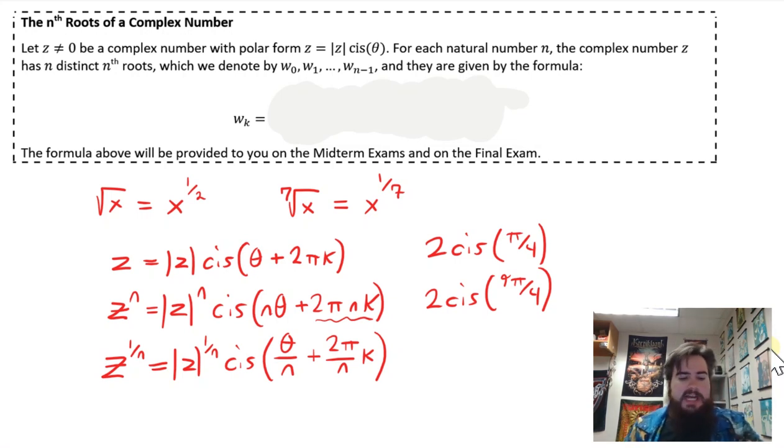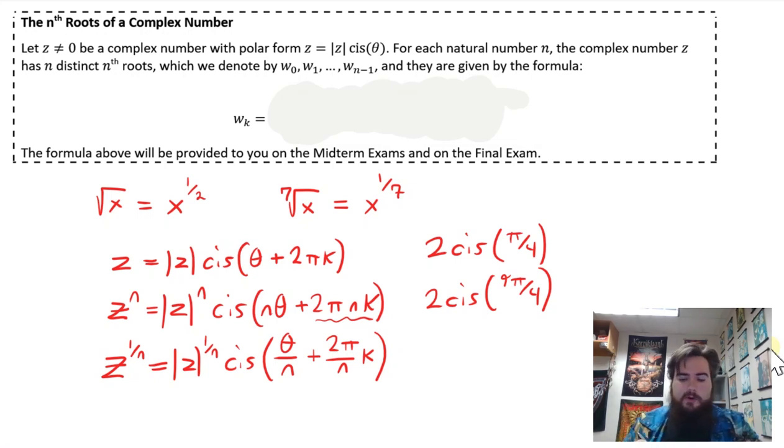If I go back to the top of the page, we have let z not equal 0 be a complex number with polar form of mod z cis of theta. For each natural number n, the complex number z will have n distinct nth roots. For example, it would have 3 distinct third roots, or 4 distinct fourth roots, or 7 distinct seventh roots, which we'll denote with subscripts of w.